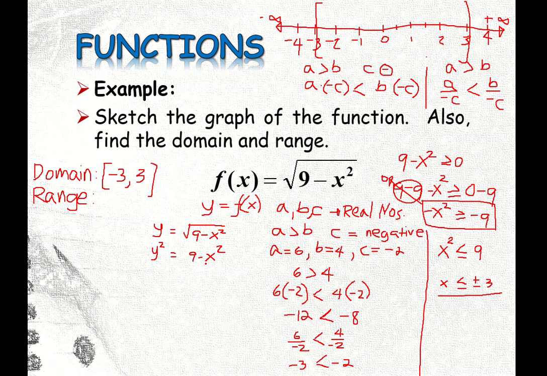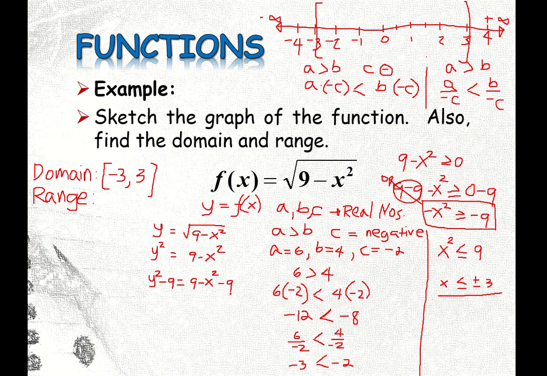So to solve for x, we subtract both sides by 9. So we have y squared minus 9. Okay, so we do the same thing on the other side. So we have 9 minus x squared, then minus 9 also.